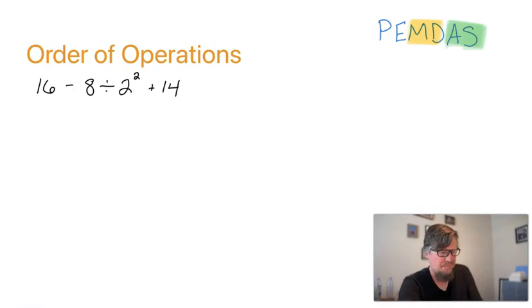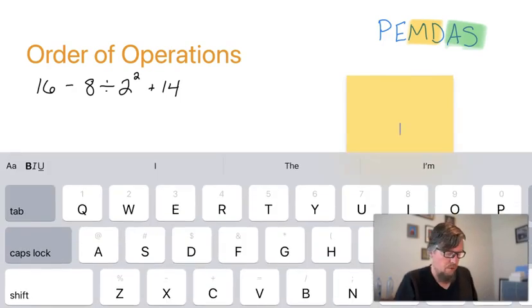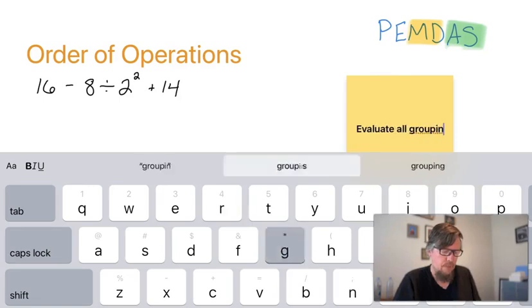And so the first thing that we're going to do with our order of operations is we're going to do all of our grouping symbols. Okay, so step number one is evaluate all grouping symbols.